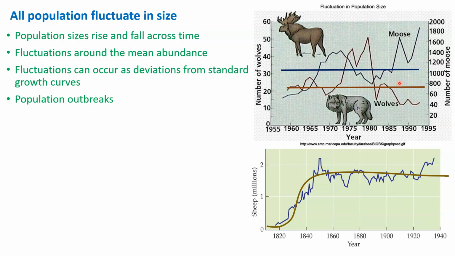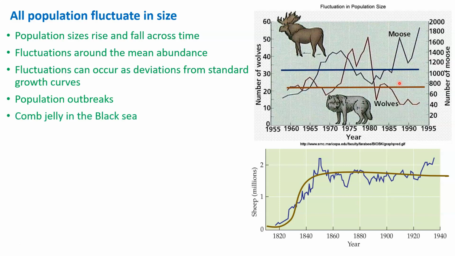And after that, again, moose population will gradually increase because the declining wolf population releases them from predation pressure. And when the moose population increases, then again wolves will have a lot of prey to predate on. So like that, between predator and prey, there will be alternating fluctuations of population sizes.